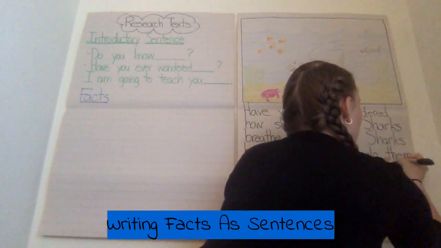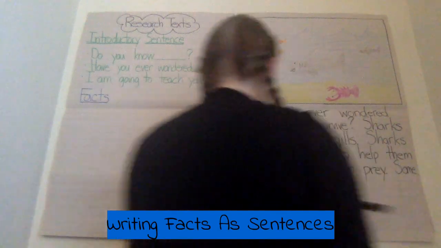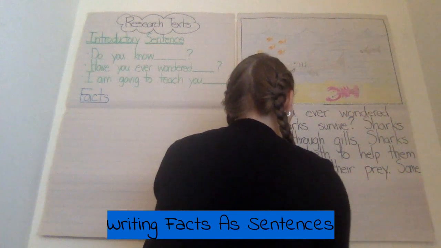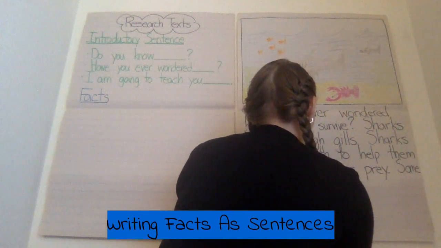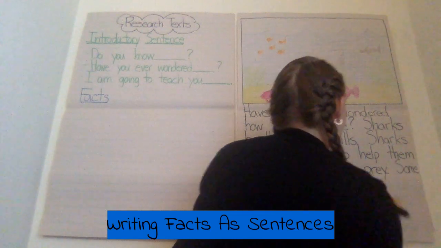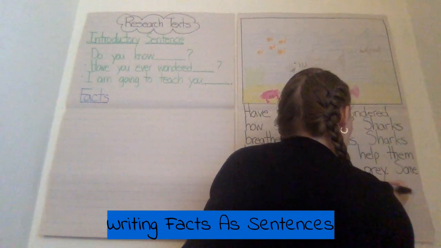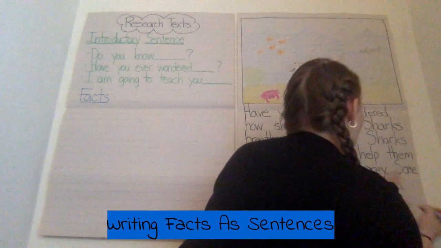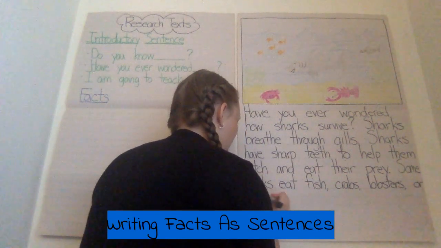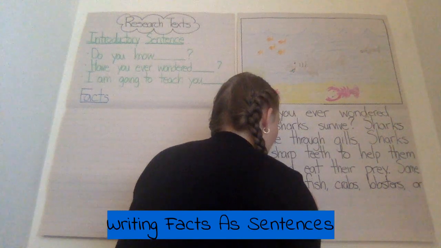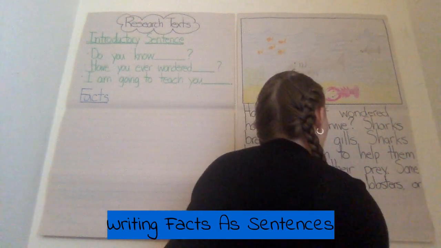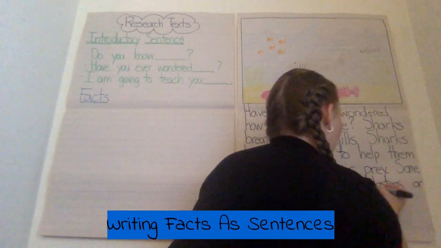Some sharks eat fish, crabs, lobsters, or other sharks as their food.